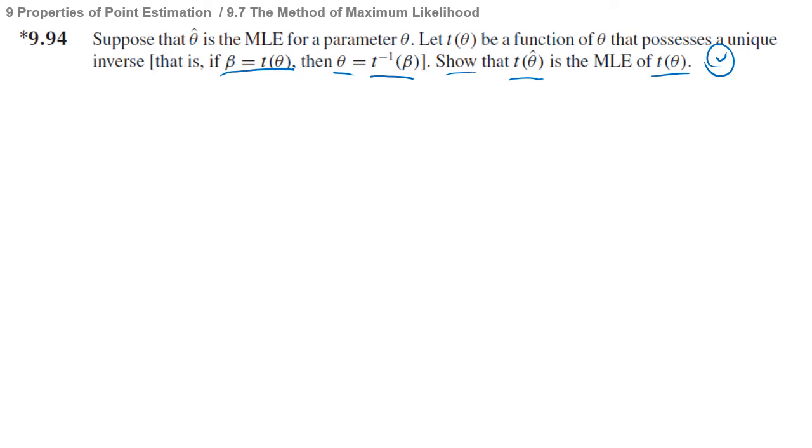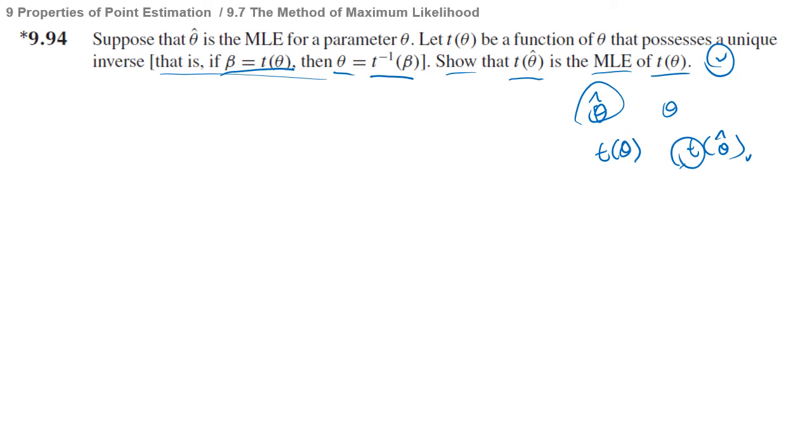If we solve this exercise, then to find the MLE of t theta, we can just find the MLE for theta and put in t theta hat. So if you know that theta hat is the MLE for theta, then the MLE for t theta is just t theta hat, where t is a one-to-one function. With this restriction, you can easily find the MLE of t theta.